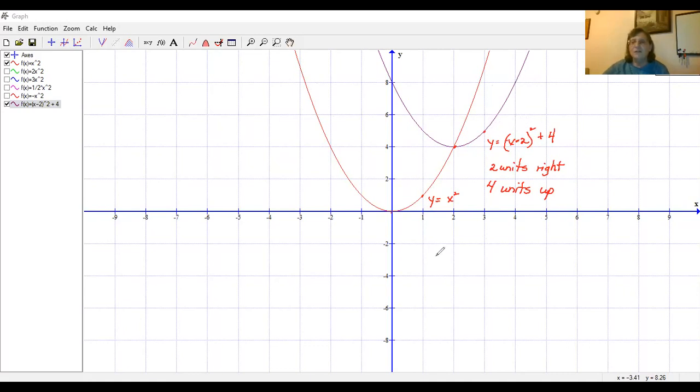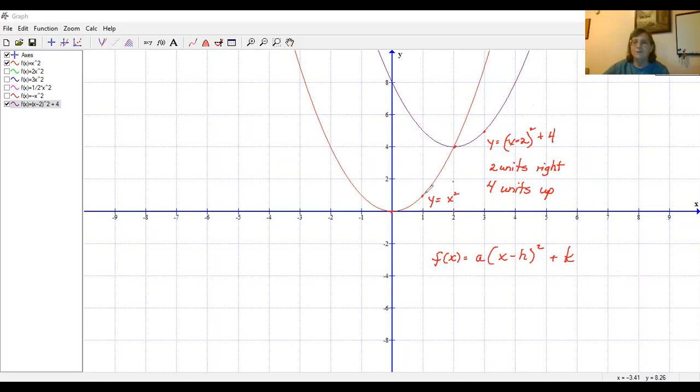This can be written as f of x equals a times x minus h squared plus k. Because a minus h will move it h units to the right, and a plus h would actually move it h units to the left. So this moves every single point, in this case, 2 units to the right and 4 up. So the vertex is moved 2 units to the right and 4 up, to the point 2, 4.